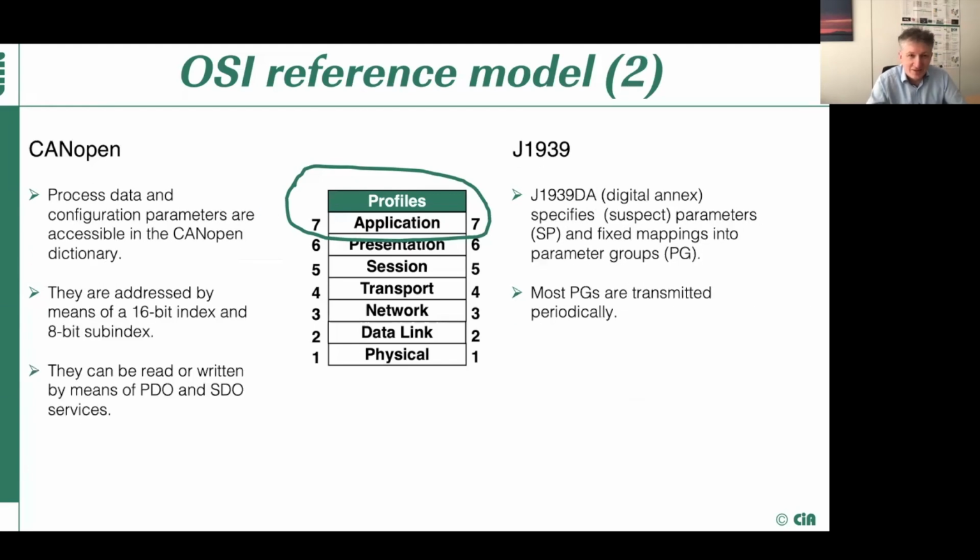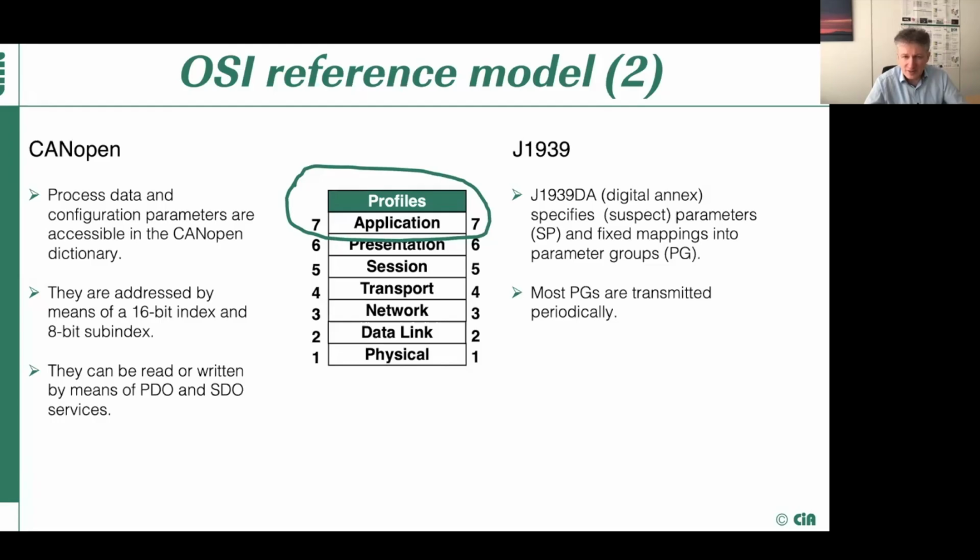Thank you, Holger. So what is very specific, which still prevents us from just using a transparent in-vehicle gateway to push the data from one network into another? That is, the data is represented in CANopen in the object dictionary.